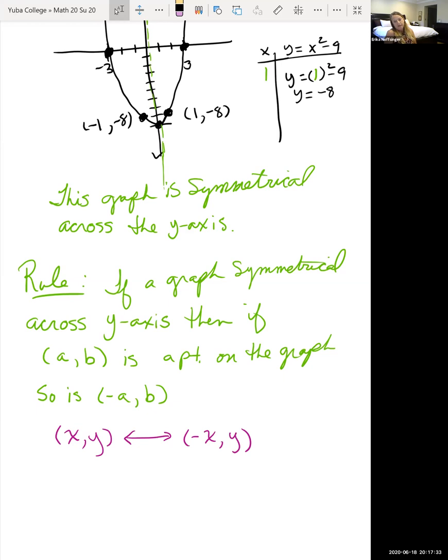So in a way, if we know that a graph is symmetrical across the y-axis and we start plotting points, we know we can double the points. If I start plotting points like we did here, we found 1, negative 8 was a point, then we know negative 1, negative 8 is a point.